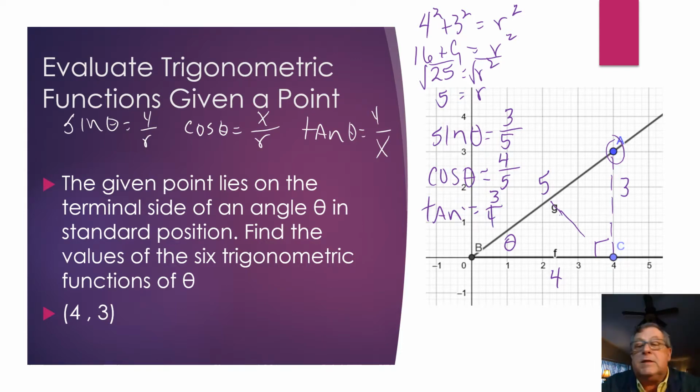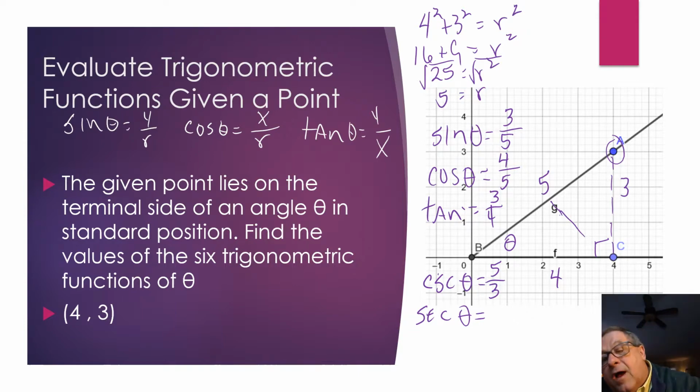Okay, well, let's see. We might as well do our other 3 trig functions. The cosecant, we know, is just the reciprocal of the sine function. And so if the sine function is y over r, or 3 over 5, then in this case, the cosecant is 5 over 3. All right, that's good enough. What about the secant? Well, the secant is the reciprocal of the cosine function, or we could say it's r over x, which in this case would be 5 over 4.